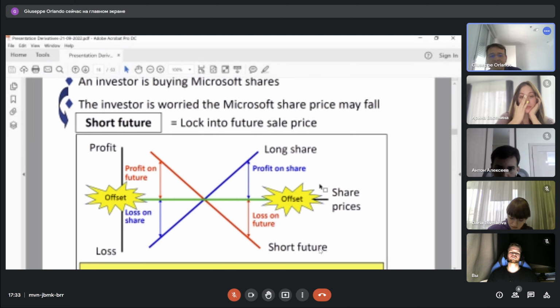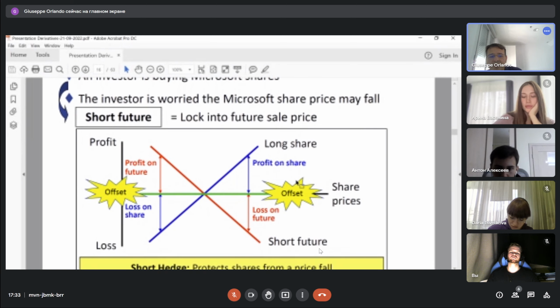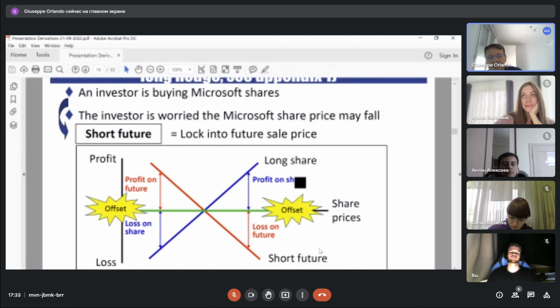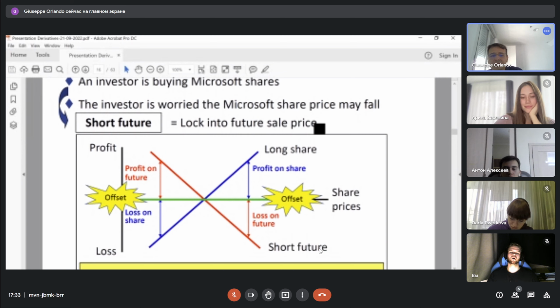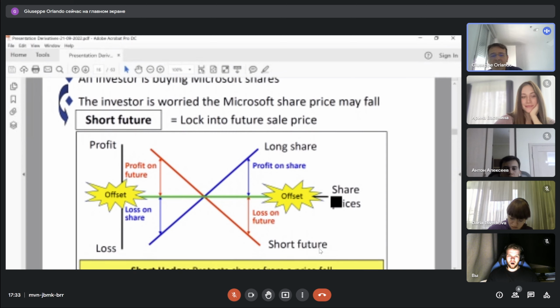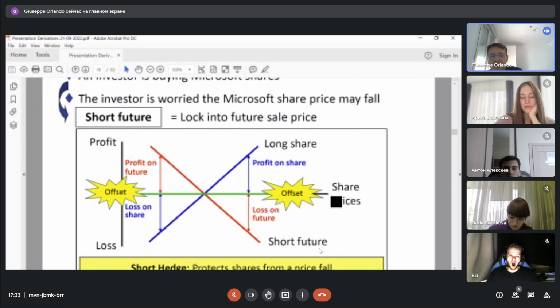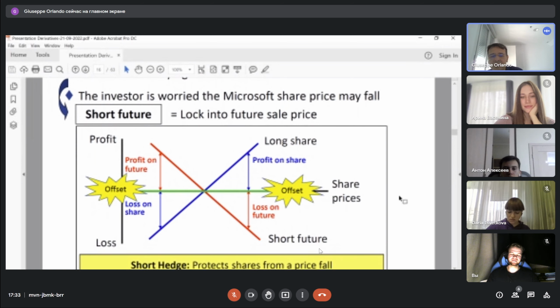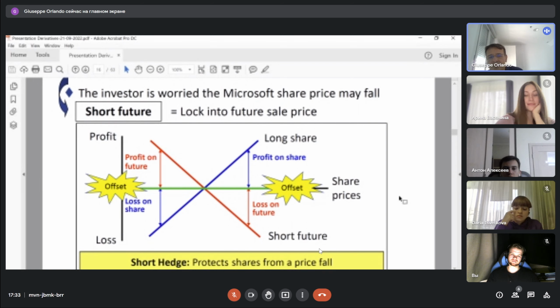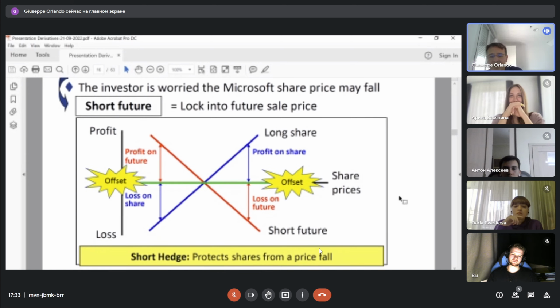If we don't want to sell the security, but we are concerned that the market will go down, then we can cover the share from a price fall.